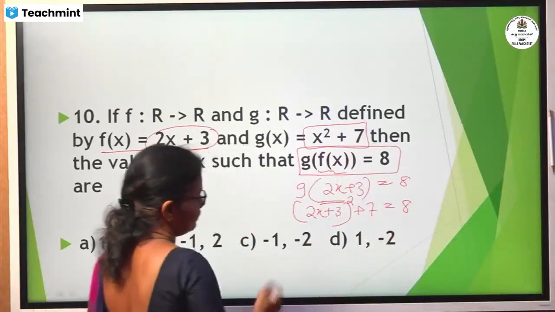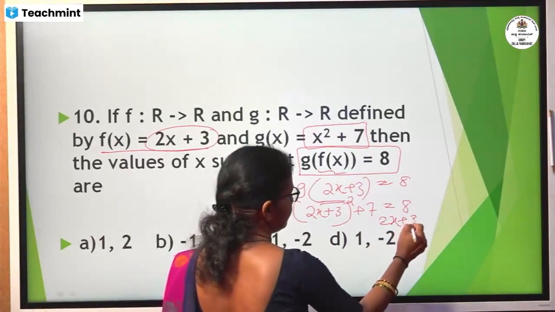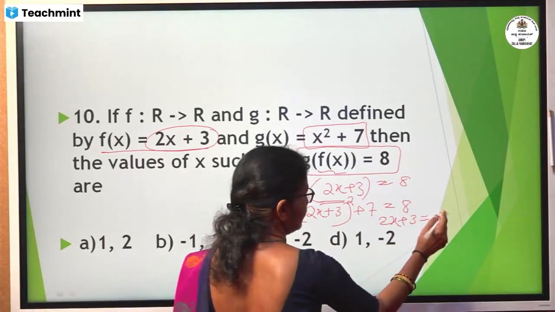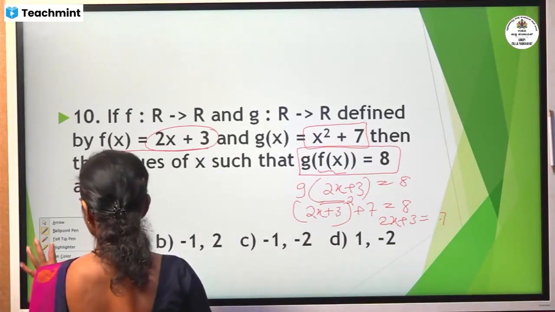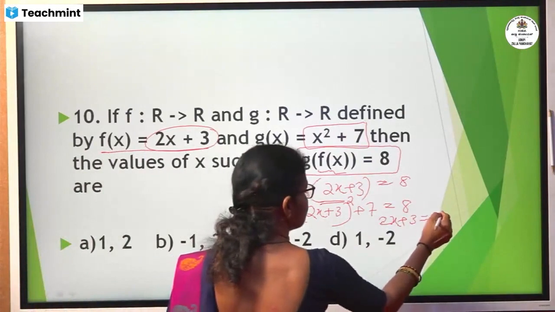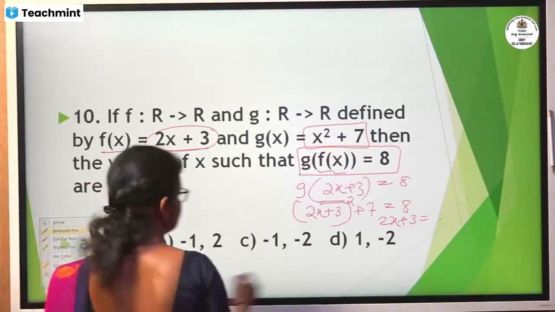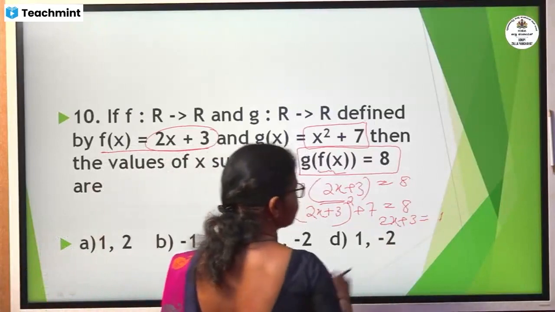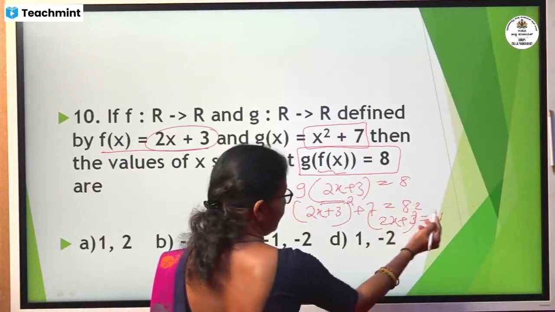If we simplify this, 2x plus 3 the whole square is 8 minus 7, that is 1.